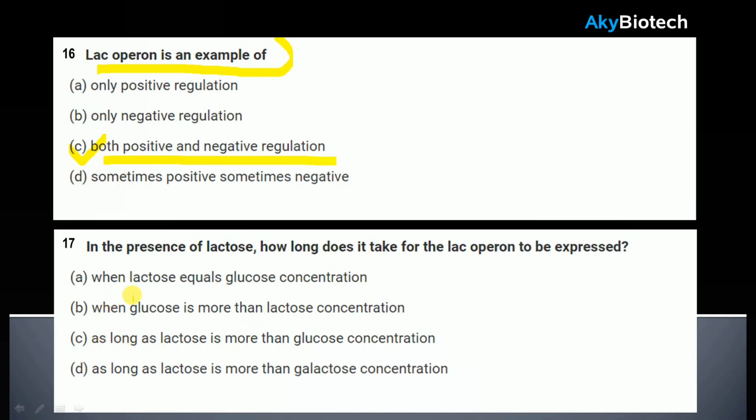When lactose equals glucose concentration, no, this one is not the true one. When glucose is more than lactose, again not true. So C is the correct one, that is as long as lactose is more than the glucose concentration, this will be expressed.